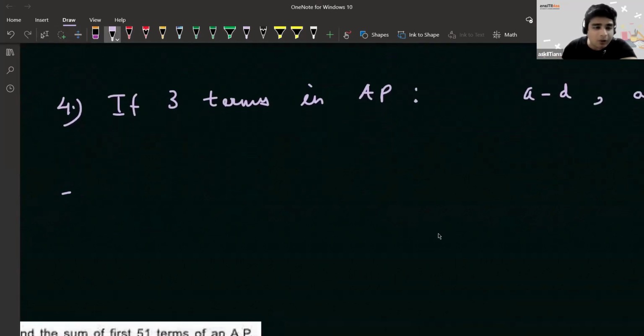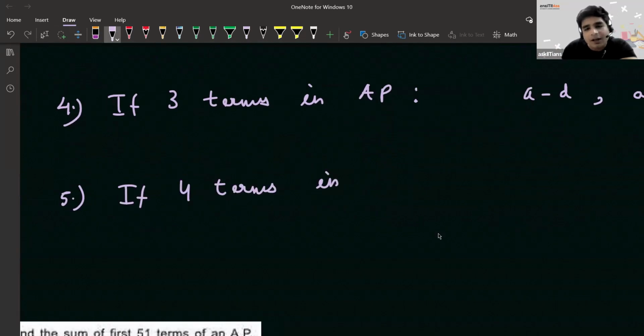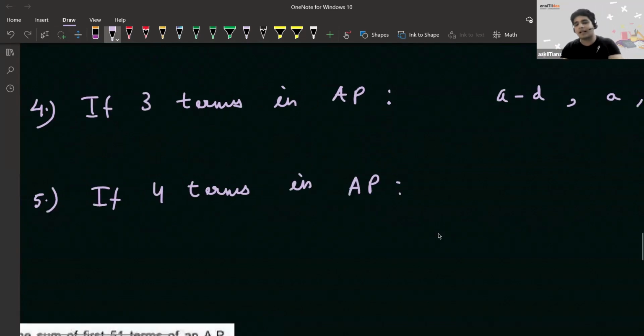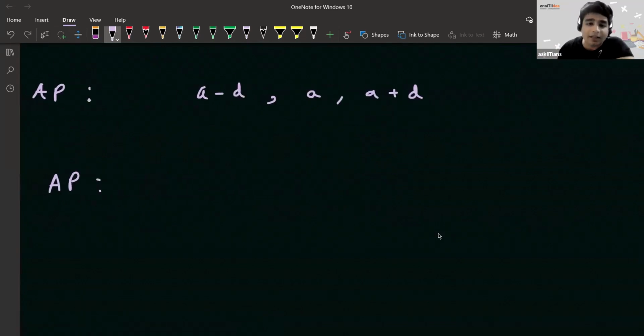Now, there could be a question, everyone, where you have to imagine four terms in AP. So what are you going to do? What is the difference between these two? D. What is the difference between these two?